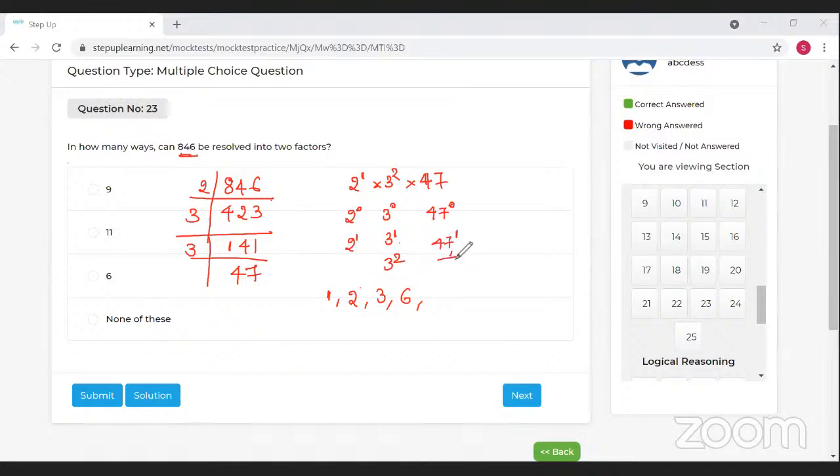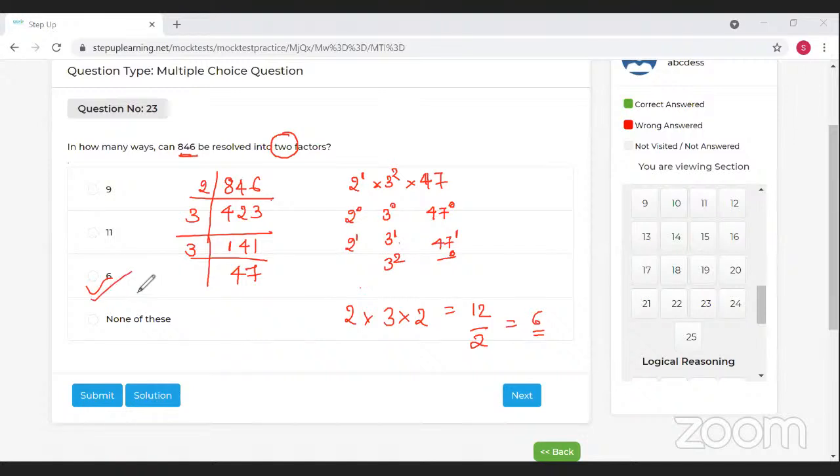Yeah, total number of factors, a simple thing, correct. Let's do it in a simple way. Total number of factors will be 2 into 3 into 2, so that is 12. Now they're saying resolve into two factors, so just divide it by 2. So your answer will be 6.